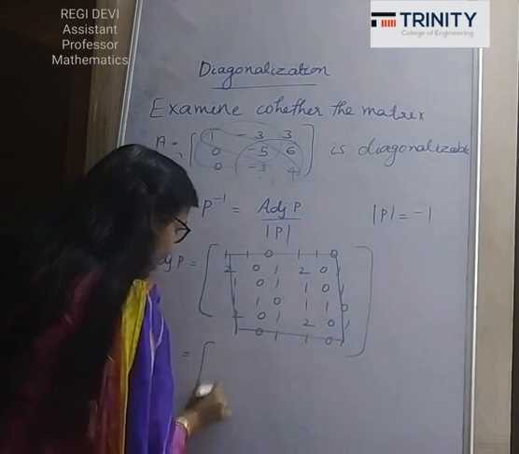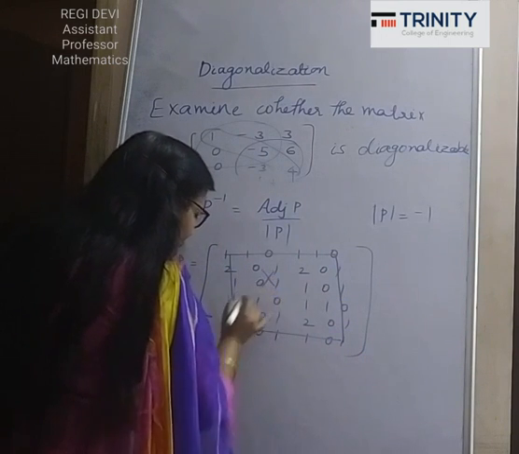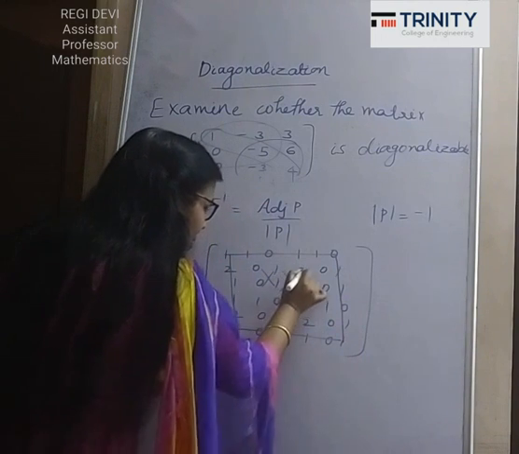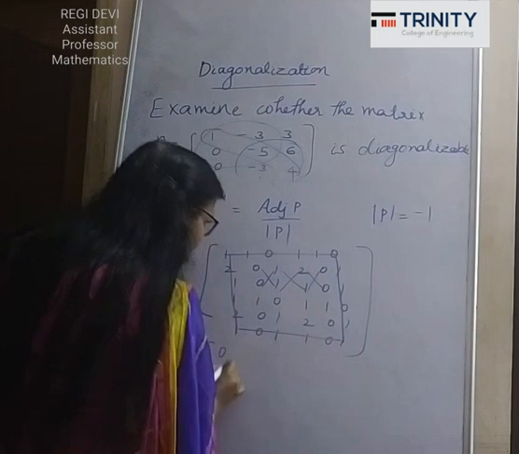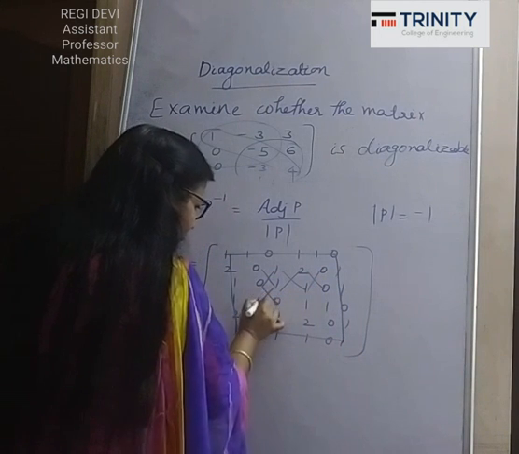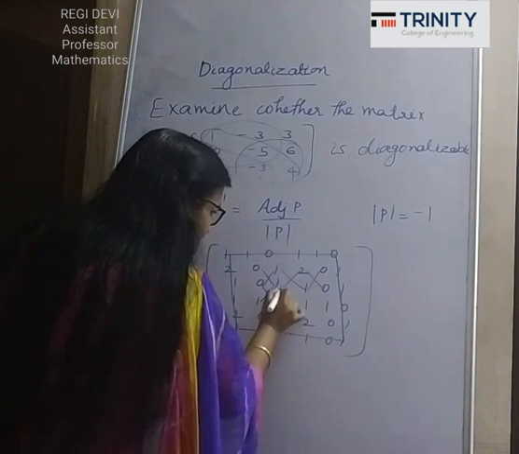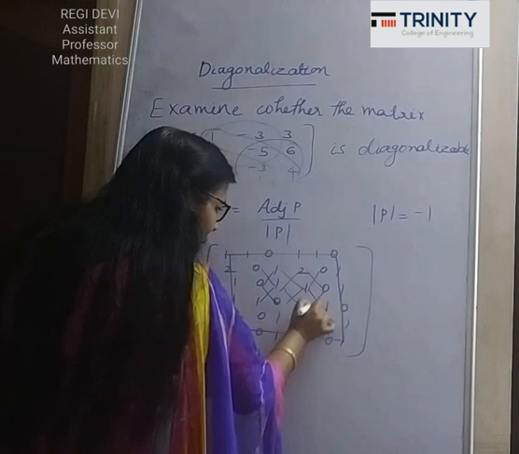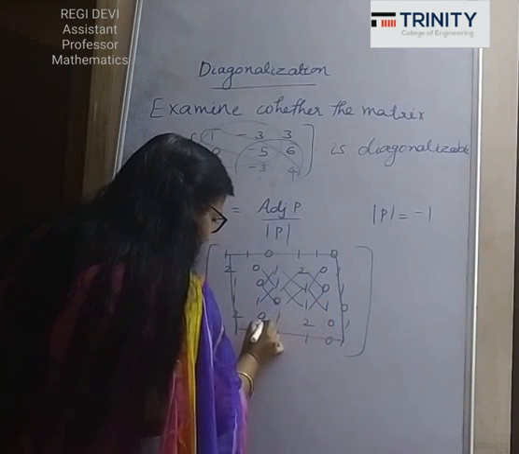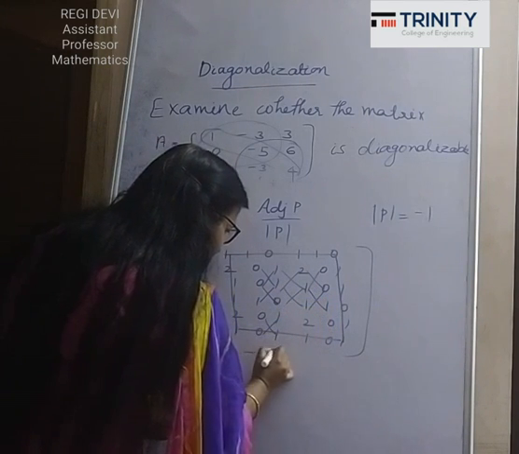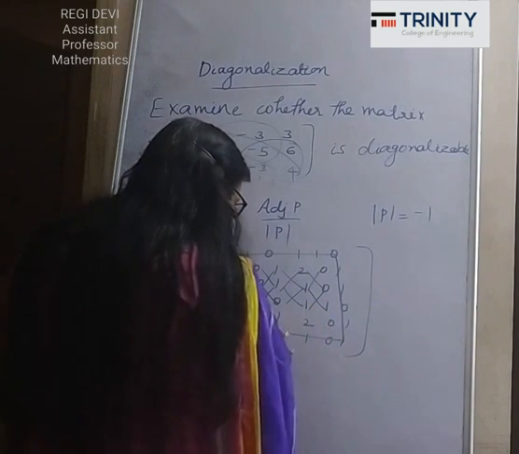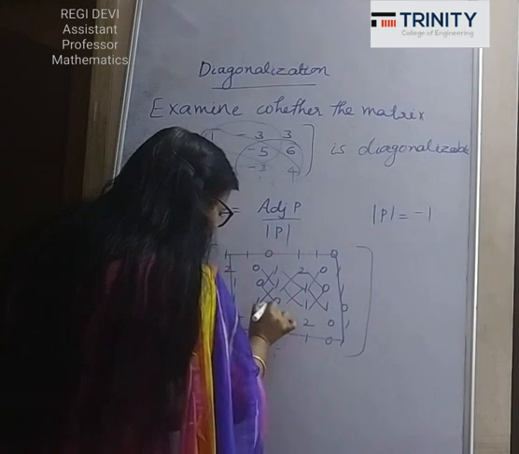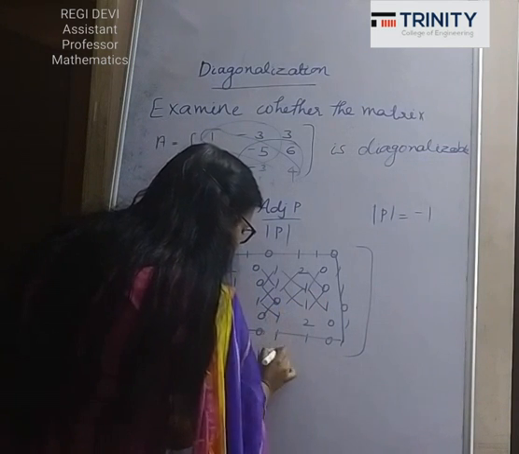Then matrix 0 minus 0, 1 minus 2, minus 1, 0 minus 0. Then 0 minus 1, 1 minus 0, 1 minus 0. Then 0 minus 0. Here it is 1 minus 0, 1.